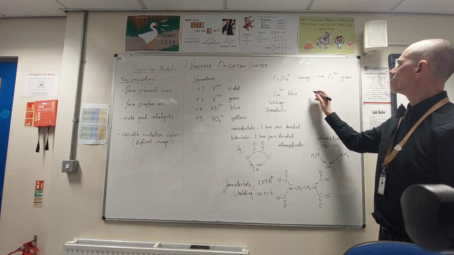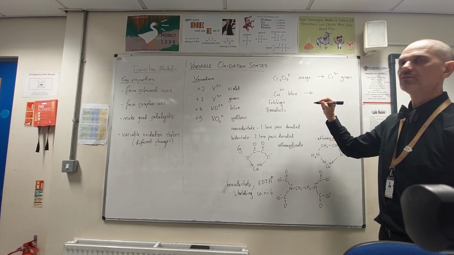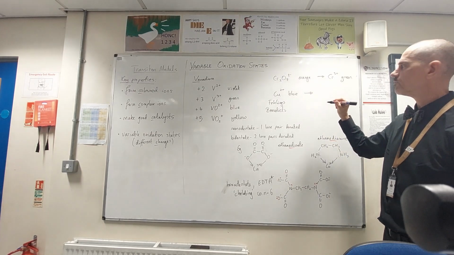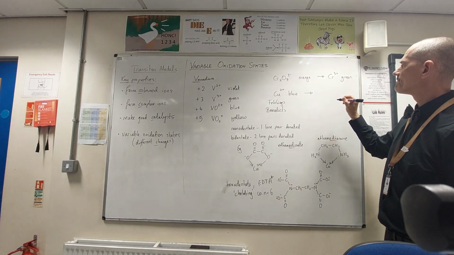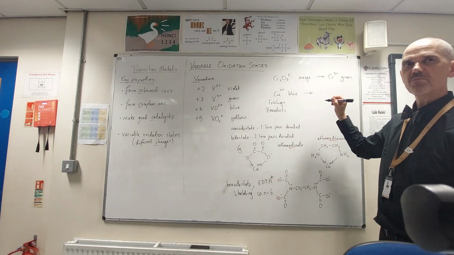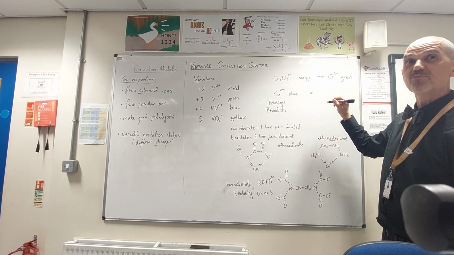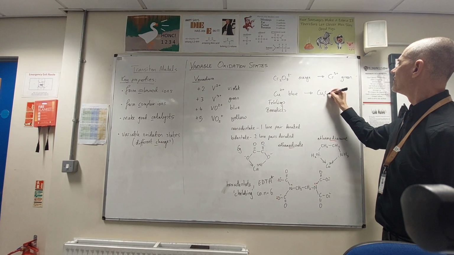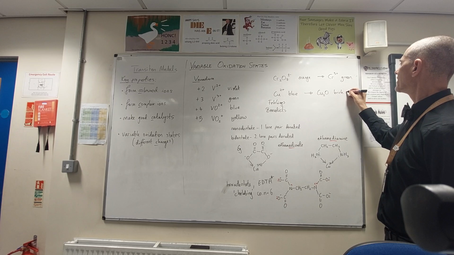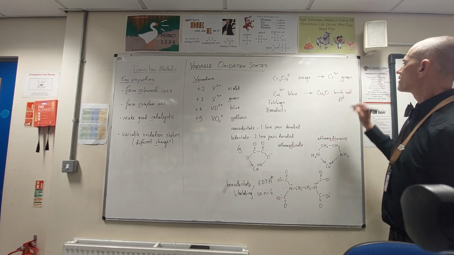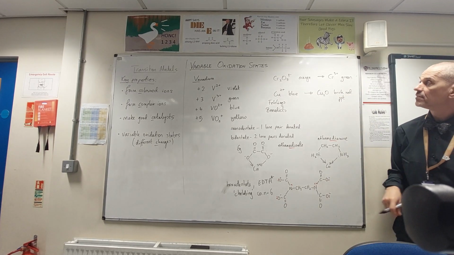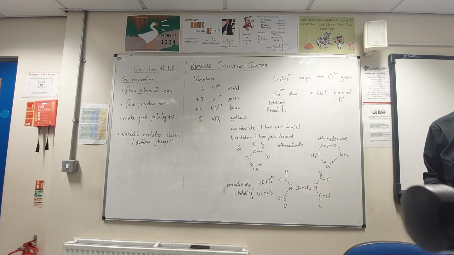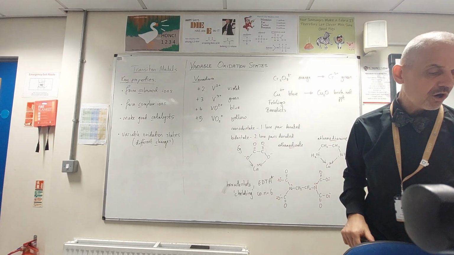Copper sulfate, or just copper 2 plus, is blue. What colour does it go? Orange. Bit more. Red. Brick red, very nice. Brick red what? Precipitate, yeah. So that's copper 1. So it goes from the blue copper 2 to the red copper 1.